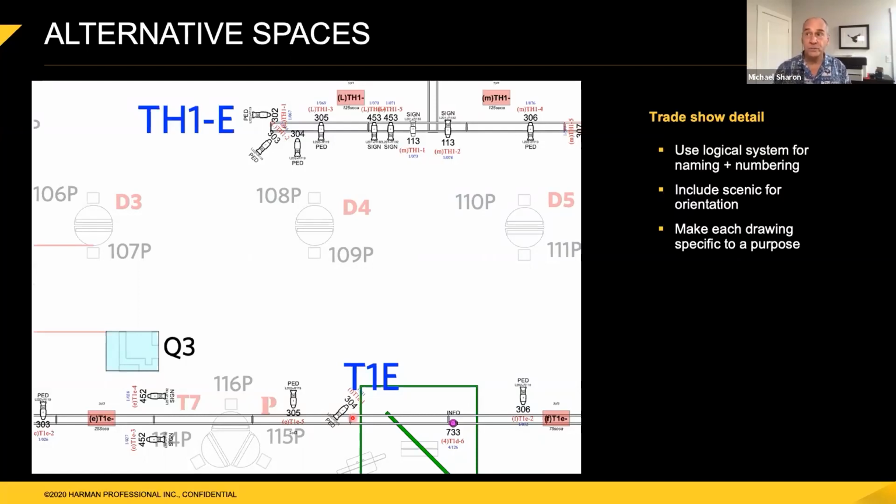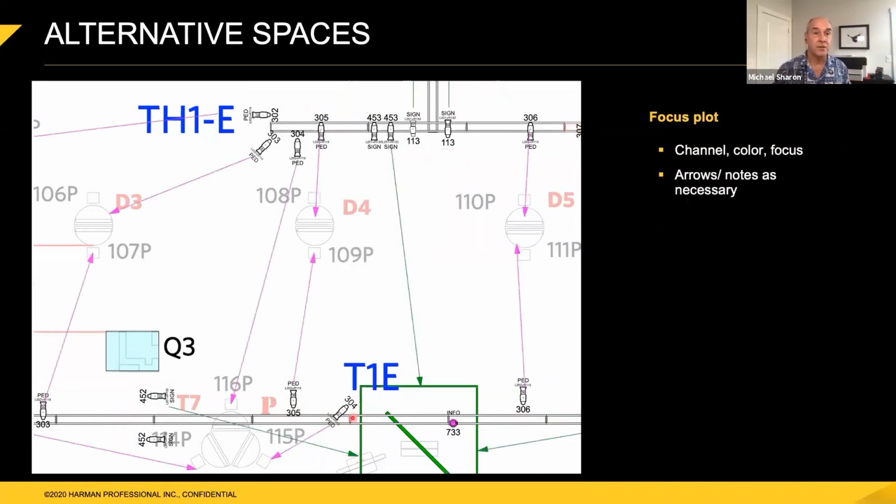The head electrician has laid out where my breakouts are, how my circuits are going, how the control system's going, all of this information. Very useful for him and for the crew, but it makes it a little crowded for when you're just trying to find, oh, channel 304.